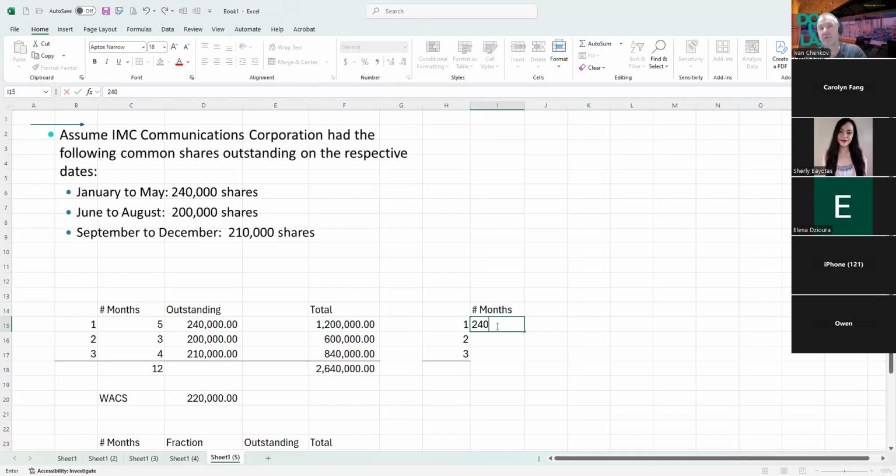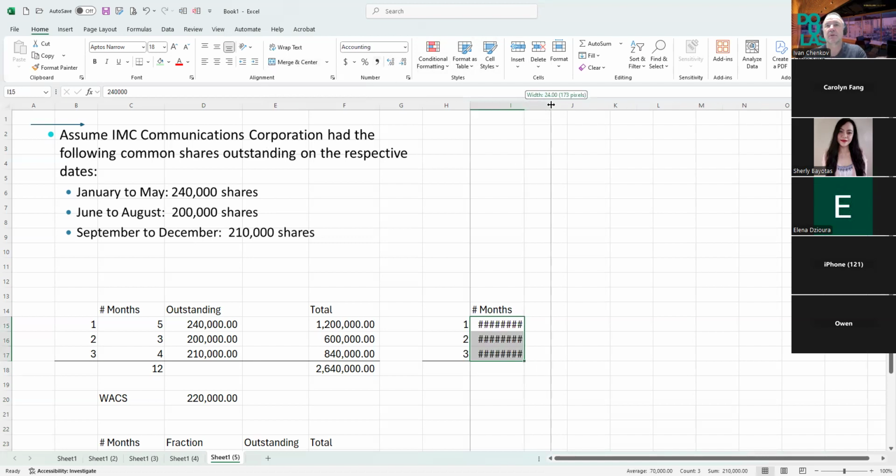Assume that the 240,000 are outstanding for the entire year. Then you have a reduction of 40,000. And then you have issuing 10,000 from September to December. Make sense? That's what happened in reality here.